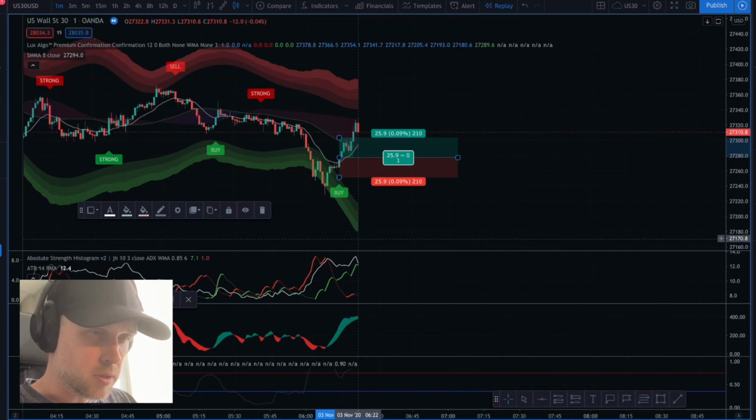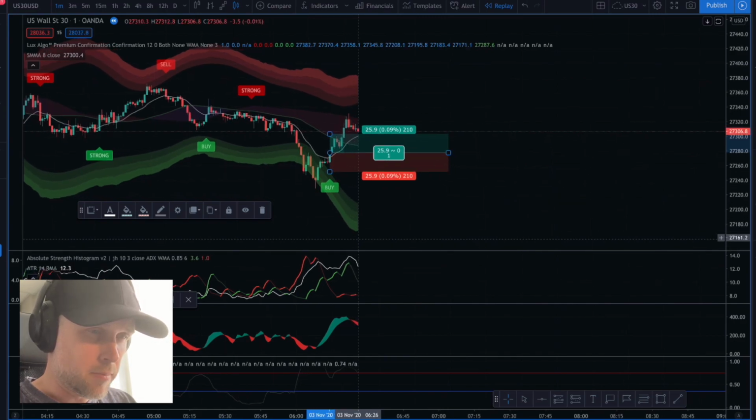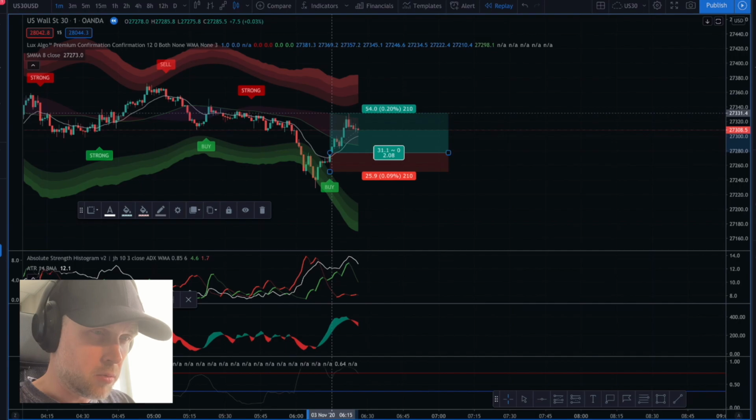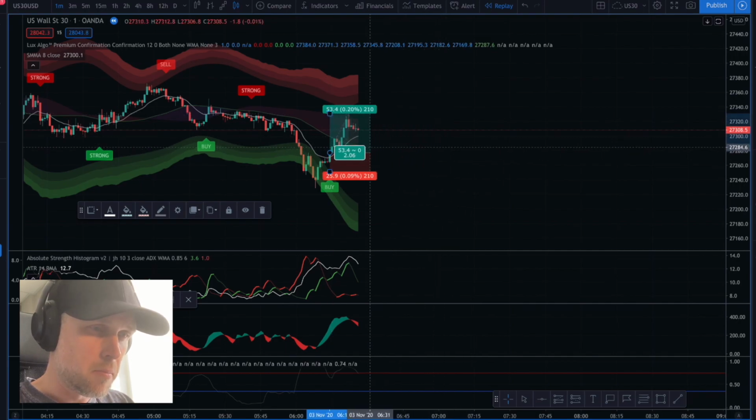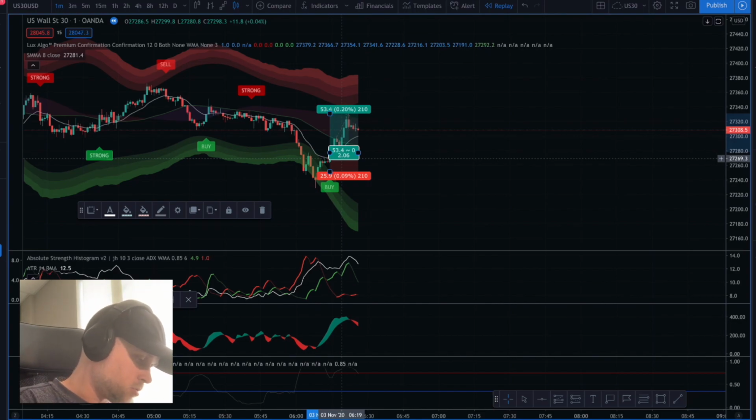There's our profit, and it looks like we might be coming back down. Yep, so my take profit, my first trade would have taken there, and my second trade would have gone to here minus the distance of my first trade. So in total, we got a 2.06 factor on top of my two trades that were risking 1.5.